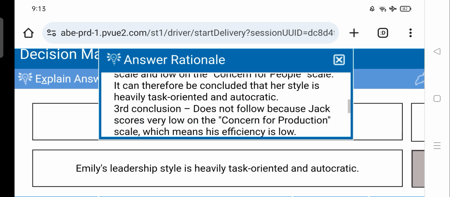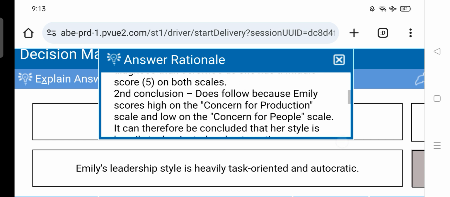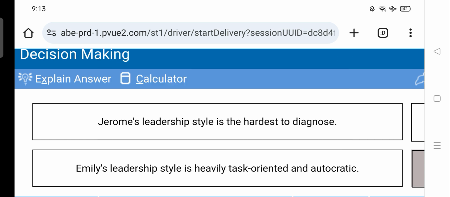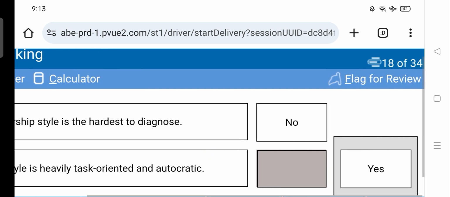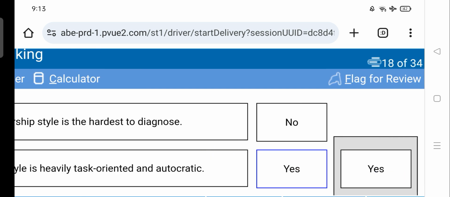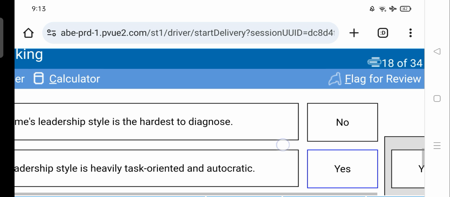It can therefore be concluded that her style is heavily task oriented and autocratic. So the second conclusion does follow, so we will drag a yes and drop it here in front of this conclusion.